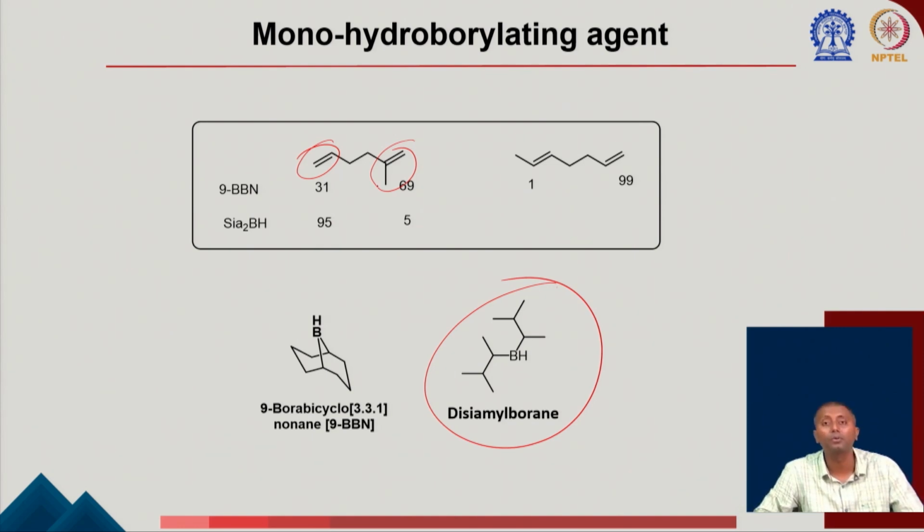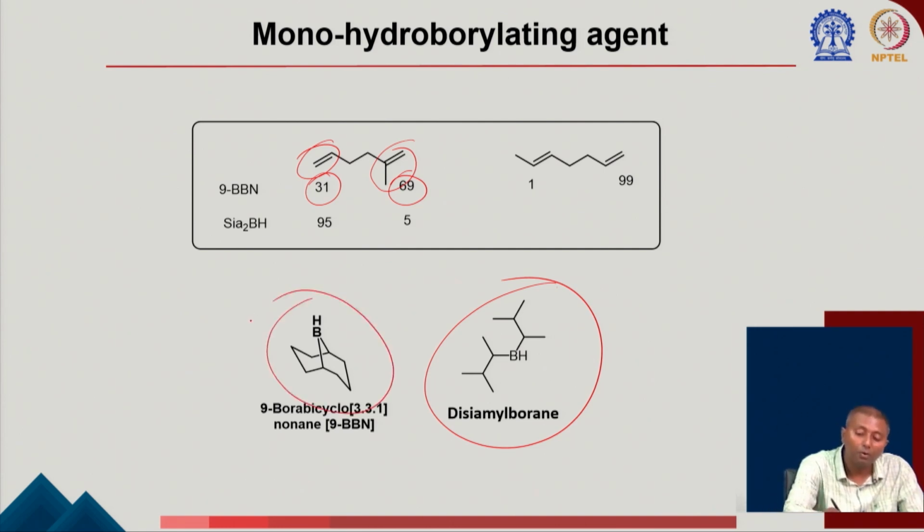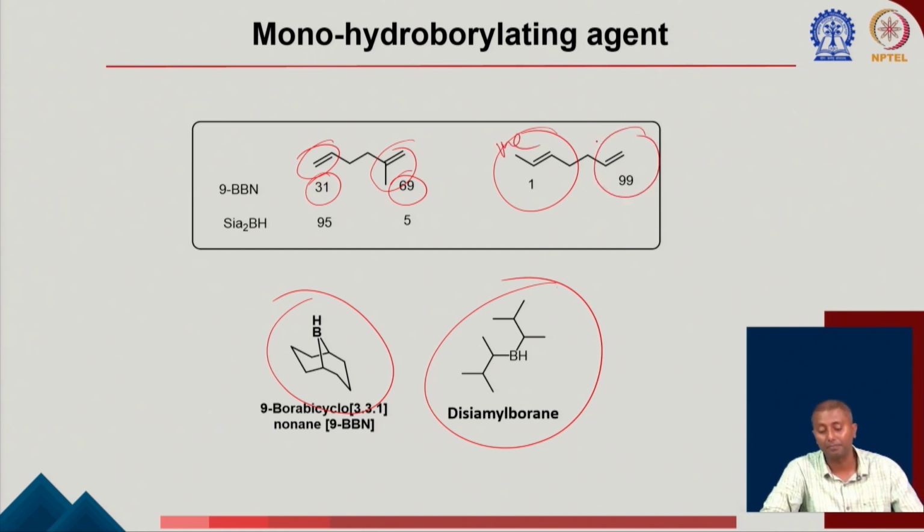If you use 9-BBN, what is happening? In the case of 9-BBN, this one is getting 31%, here it is 69%. So here the other important factor is the interaction of the 9-BBN with the olefin. But in the other case, we can see this will be 1% here, because there is a methyl group here, versus the terminal at 99%.